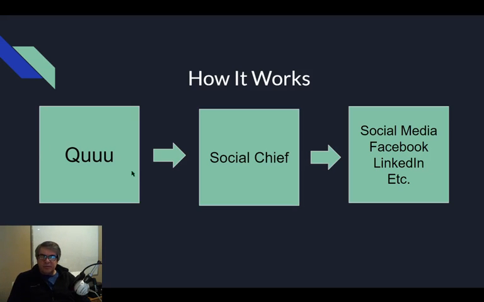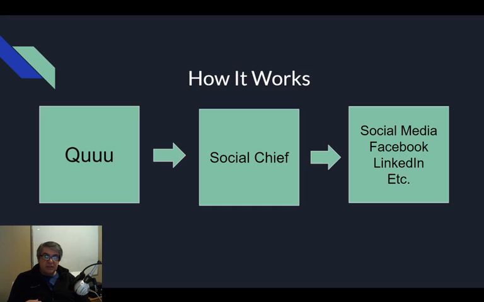So Q, which is the software I'm going to show you in a second, basically sends it to a place that will actually do the work, that will put it on your social media channels. That is going to be Social Chief, which is new, and it is free. For the time being, it's unlimited. It's kind of cool. I've been playing around with this one.